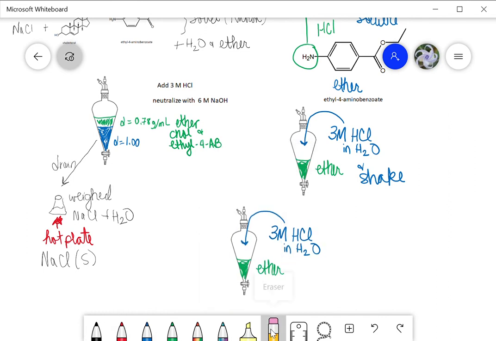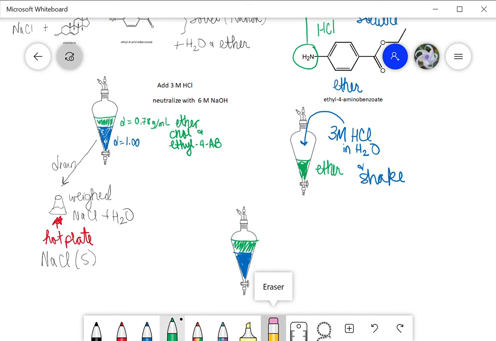That's going to look like this: my water is going to be on the bottom, but this time it's going to be acidic, so it's going to be HCl. And I'll still have my ether up above.